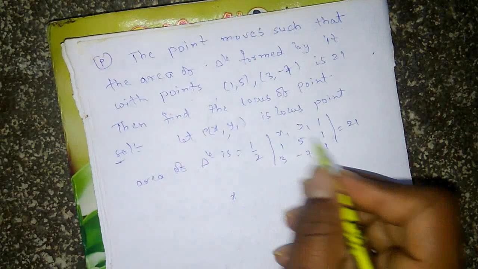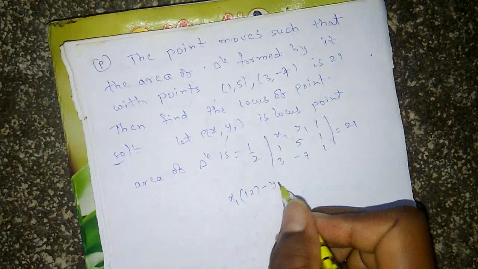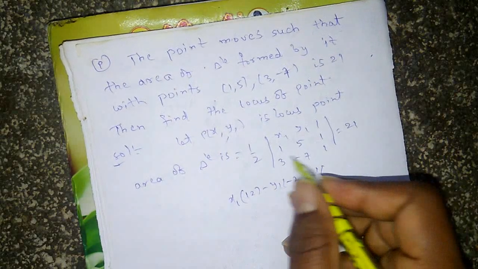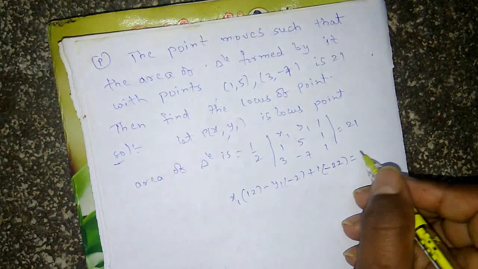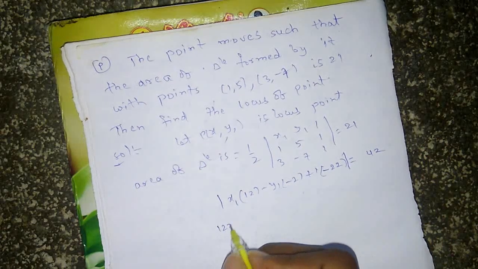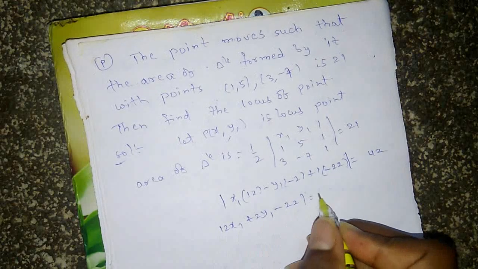So this is the determinant: x1 into 5 plus 7, that is 12, minus y1 into 1 minus 3, that is minus 2, plus 1 into minus 7 minus 15, that is minus 22, is equal to 21 into 2, that is 42. Here we take modulus: 12x1 + 2y1 - 22 = 42.